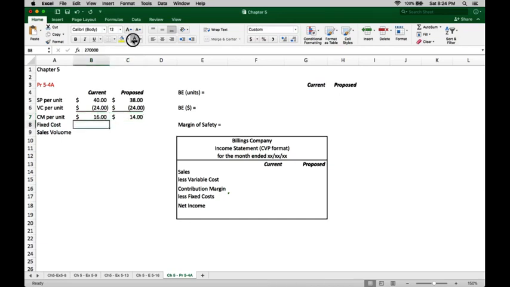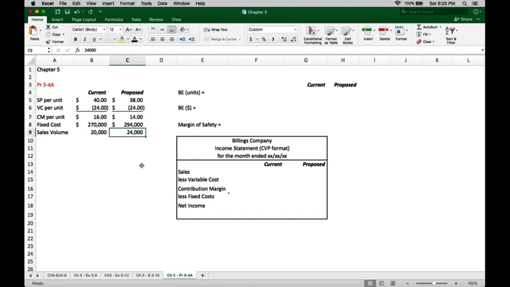My fixed cost currently is $270,000. Her proposal includes another $24,000. That's going to make it go up to $294,000. The sales volume currently is 20,000 units, and Mary says if we follow through with her proposal, that's going to increase to 24,000 units.